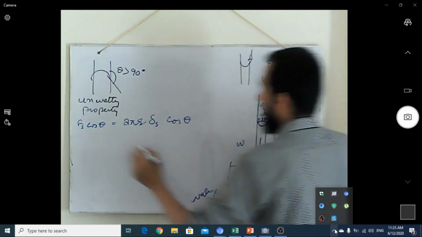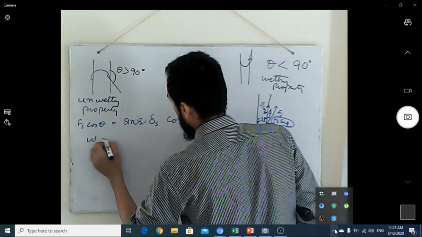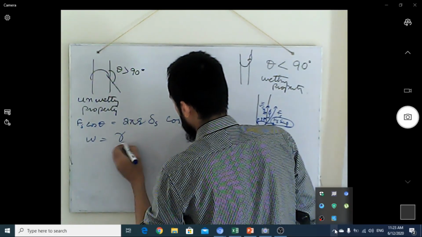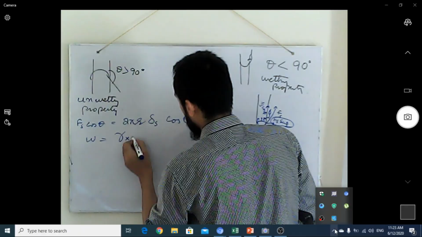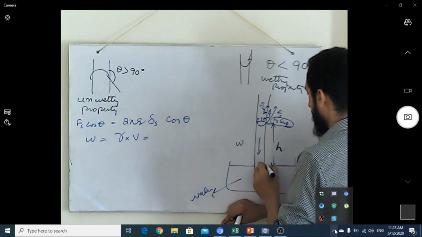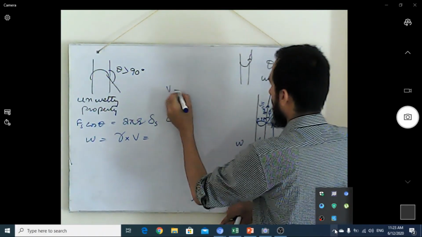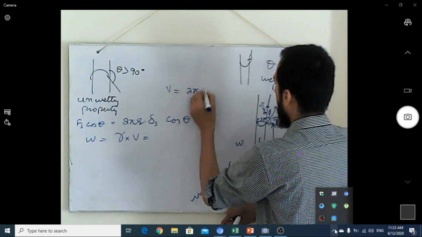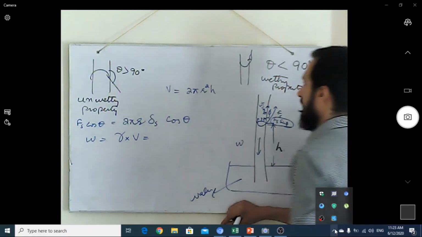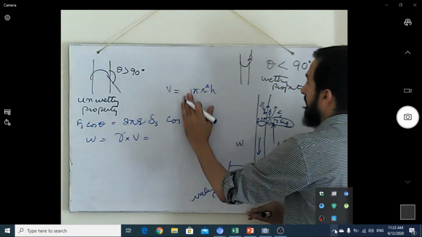On the other hand, the weight will be equal to the specific weight multiplied by the volume, and we know that the volume of this complete cylinder will be pi r square h.